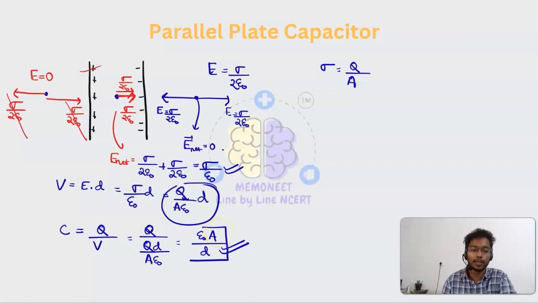So we can predict that the capacitance depends upon the area of the parallel plates, and it depends upon the distance at which they are kept. Let's say the distance of separation is d here. So the capacitance will depend upon the area of cross section and the distance of separation.